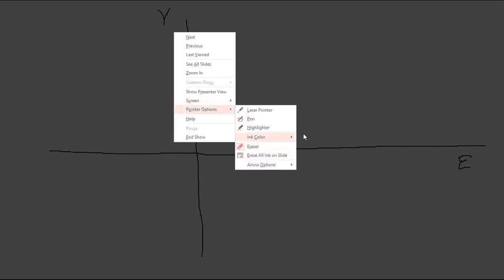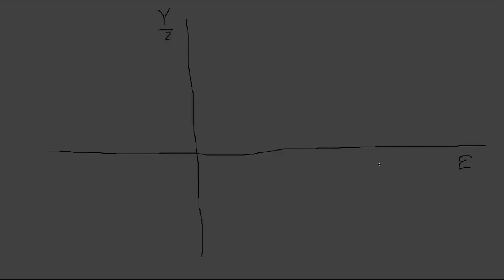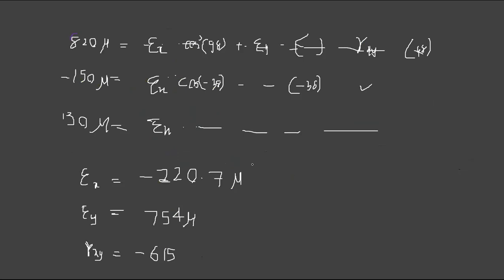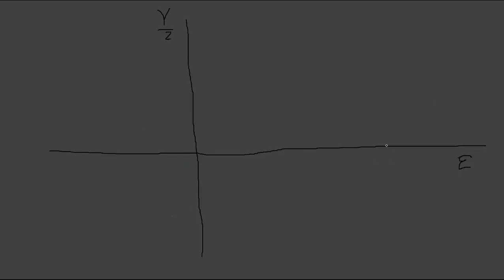Whatever I call it, gamma by 2, right? Epsilon naught x, and this is going to be, so your major one is 700, and so that's going to be 754, right? My Cos Strain 754. So that's on this line. Let's say this is 754. So whatever point that will appear here, right?